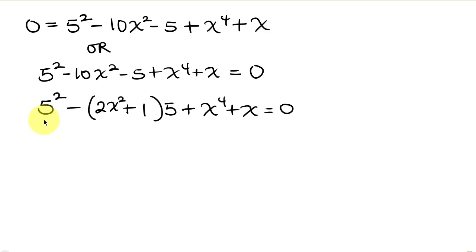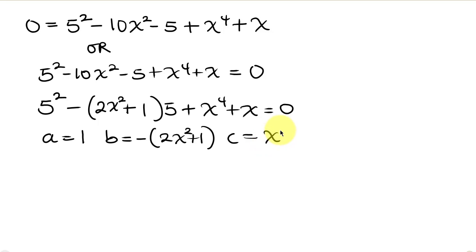Now, we can use quadratic formula to solve this. Well, if we're using quadratic formula, that means a is a coefficient of 5 squared, that is 1. B is a coefficient of 5, that is negative 2x squared plus 1. And then C is x to the 4th plus x. Very good.